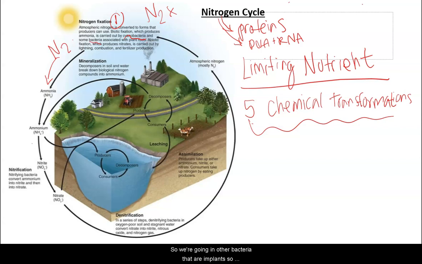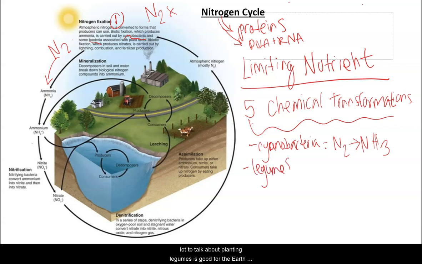And other bacteria that are in plants. So you have your cyanobacteria, and they usually are in the ocean, helping to convert that N2 into ammonia, which is NH3. Okay, and then also bacteria on legumes.